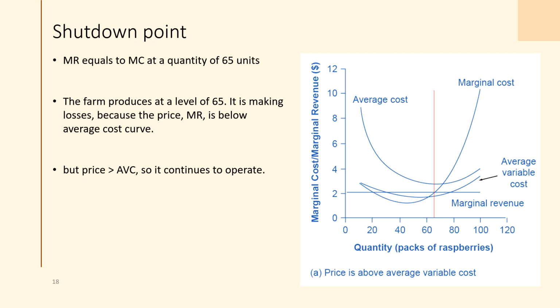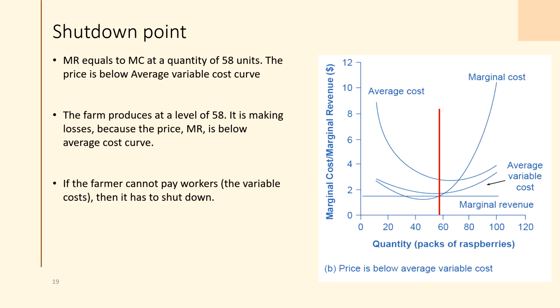If the firm shuts down, it would lose all of its fixed costs. By continuing to operate, the firm reduces its loss because it earns enough revenue to pay for variable costs and contribute something toward fixed costs. So in this situation, the firm should continue operating in the short run, even though it is making a loss.